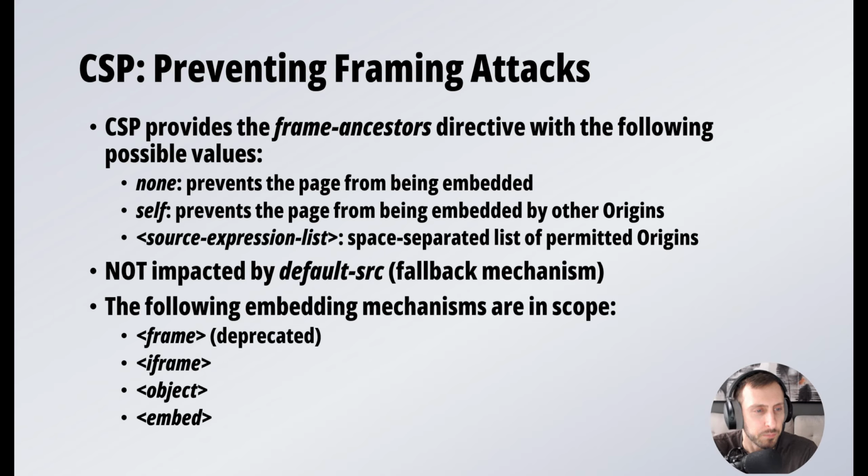So in this example, if we set frame ancestors to none, then our page cannot be embedded within an iframe by other sites. So it is the modern alternative to old anti-framing techniques, and it has more capabilities as well because it does support a space-separated list of permitted origins if that's necessary.